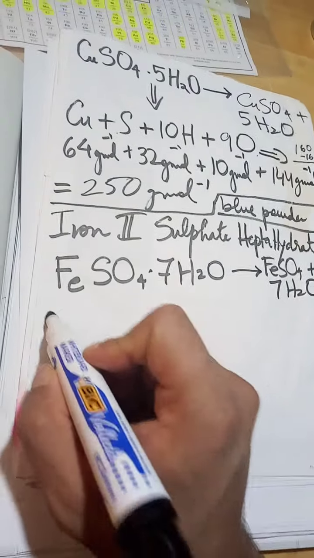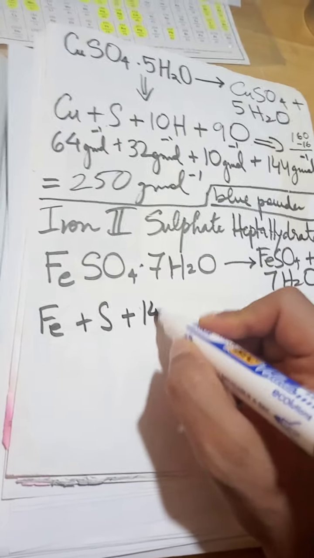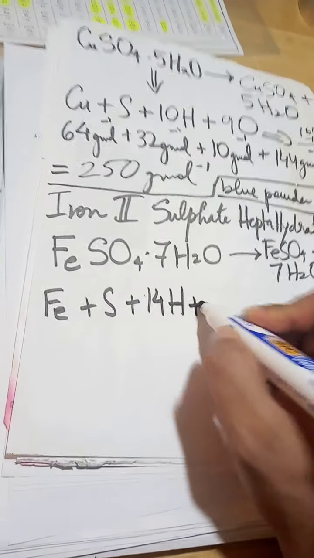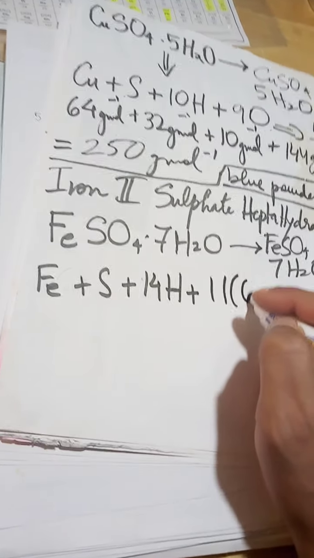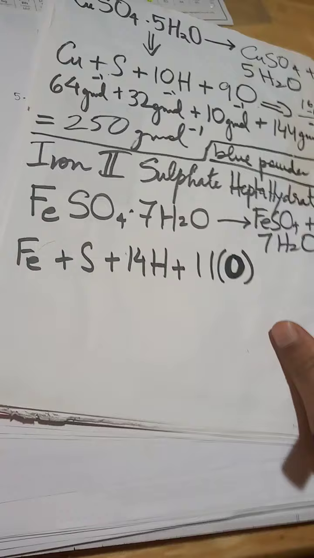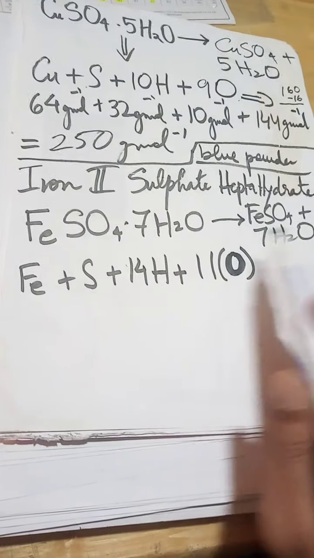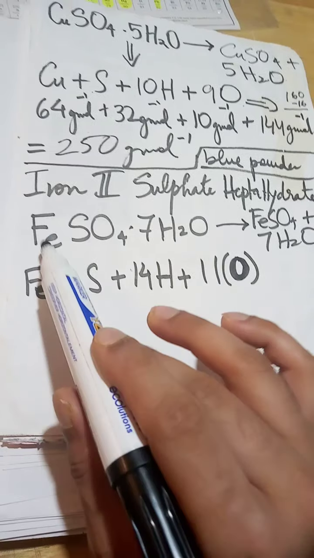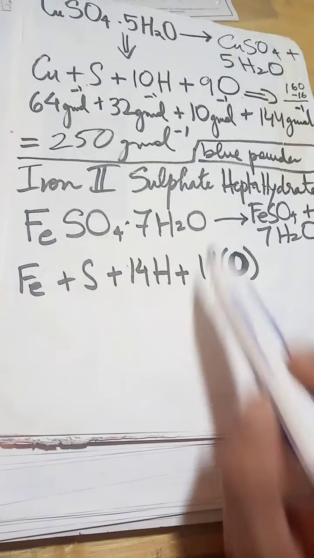Now we've got 1 atom of iron, 1 atom of sulfur, 14 atoms of hydrogen, and 4 and 7, 11 atoms of oxygen. So iron sulfate heptahydrate, 1 iron, 1 sulfur, 14 hydrogen, and 4 and 7, 11.